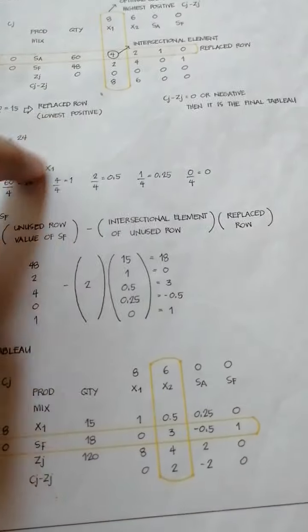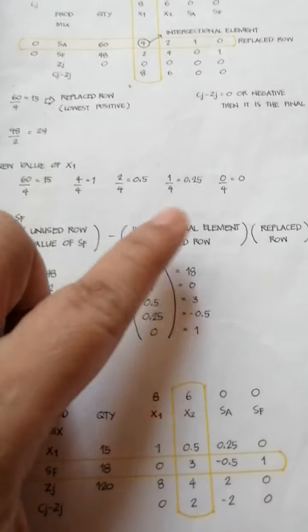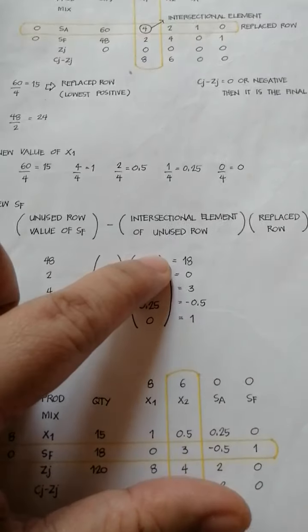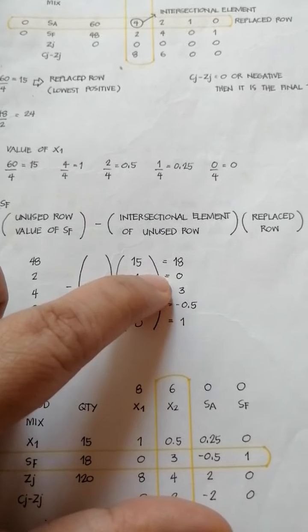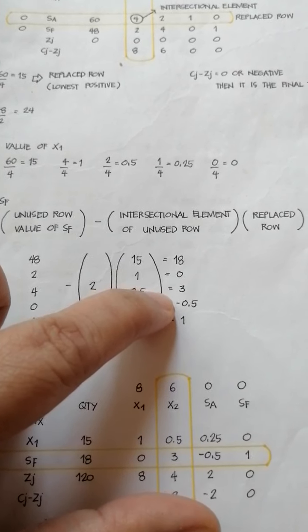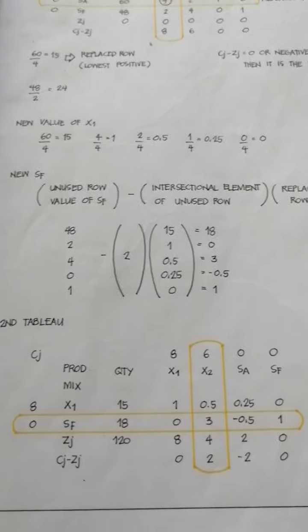Okay? And then you have the value for SF will be 18, 0, 3, negative 0.5, and 1.